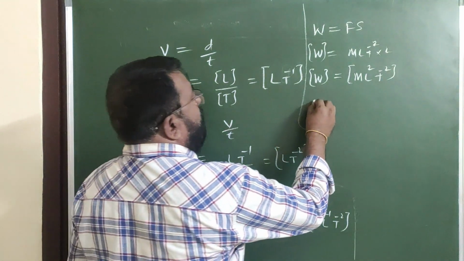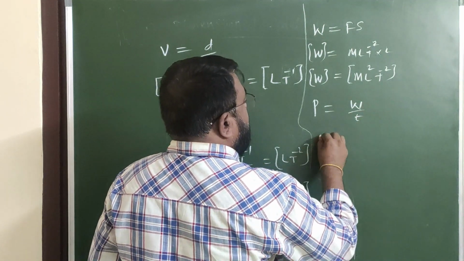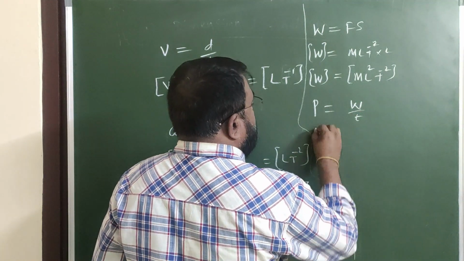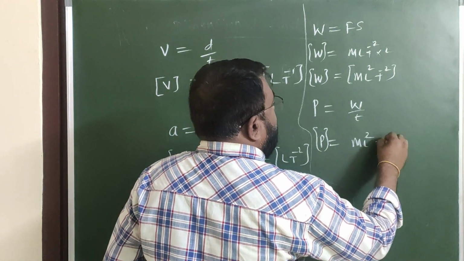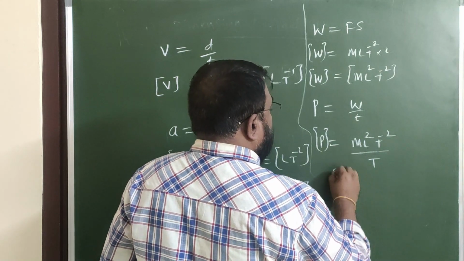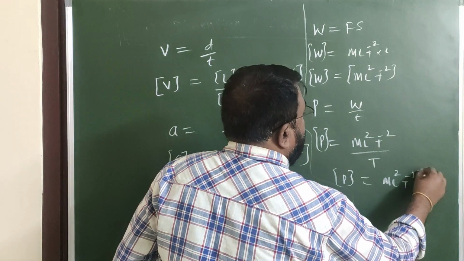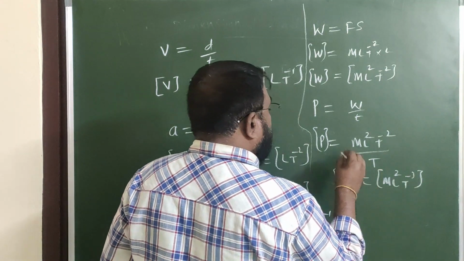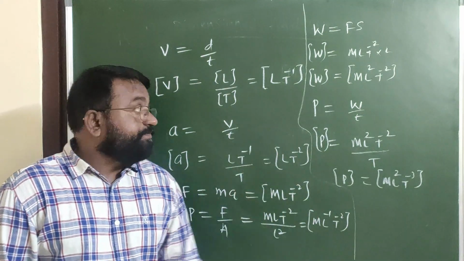Another important one, power. Power is equal to work done by time. Therefore, its dimensional formula is work done or energy M L square T to the power of minus 2 by T. This becomes M L square T to the power of minus 3. This is the dimensional formula for power.